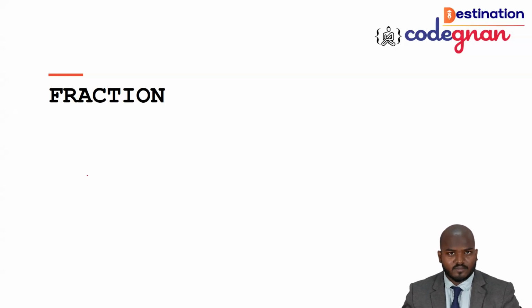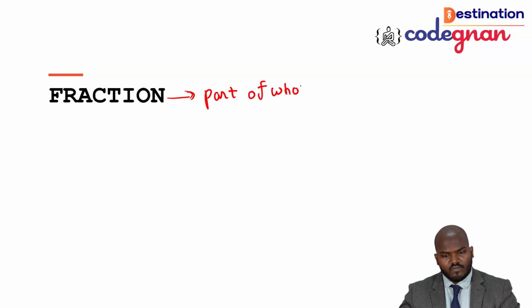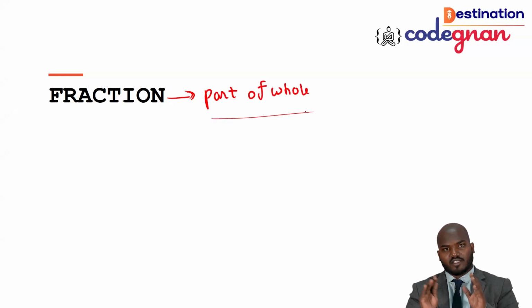You will explain it as a part of a whole. Okay, part of a whole, we can call it a fraction. So a fraction will always be in terms of a rational, like numerator by denominator. Like the structure only, a fraction will always look like.